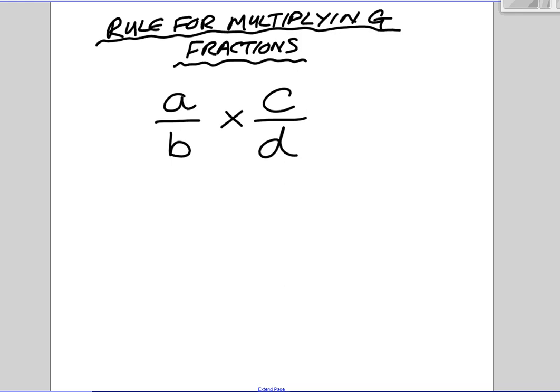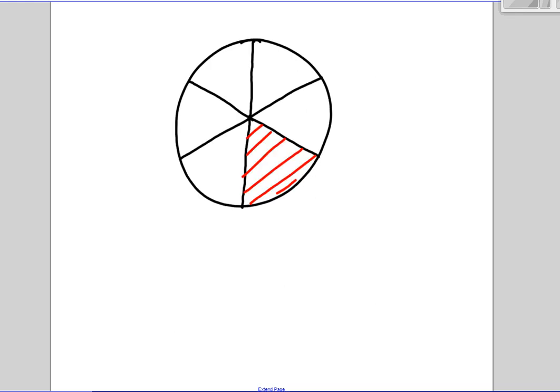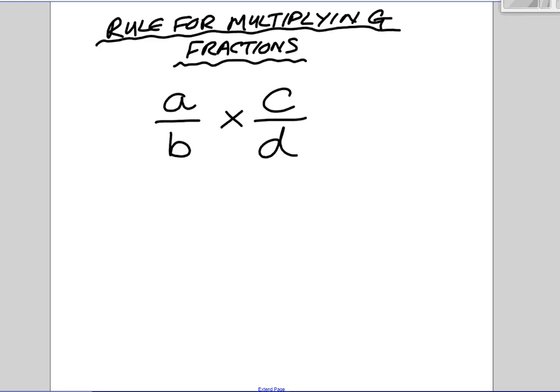So the thing is, we're not going to be drawing circles, pizzas, whatever, all day. So we need rules for multiplying fractions. Here I'm putting in letters, because that's what we'll usually have. So I've got a over b times c over d.